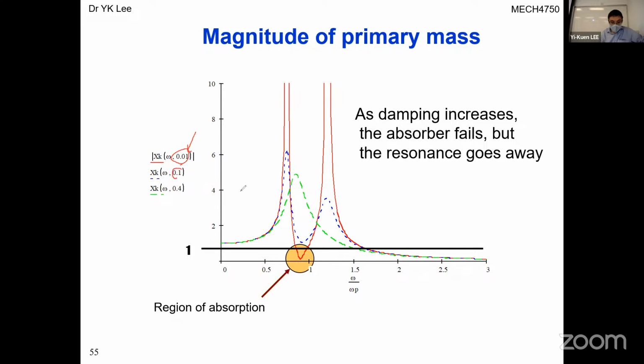If damping increases to 0.1, and then damping 0.4, you see, if damping is too big, we cannot reduce the vibration amplitude. So basically this is normalized, right? For vibration control, we make sure that this should be smaller than 1. This is quite important.